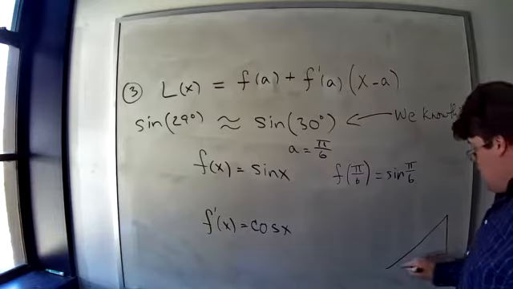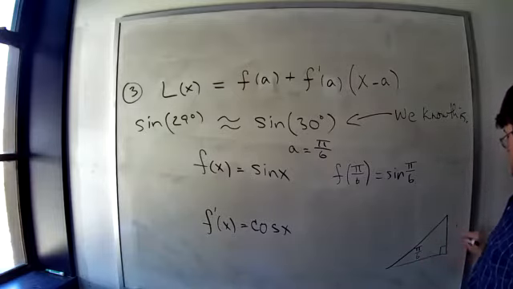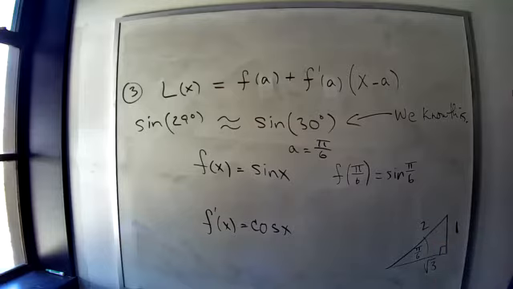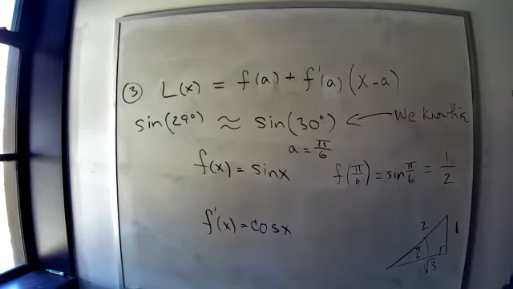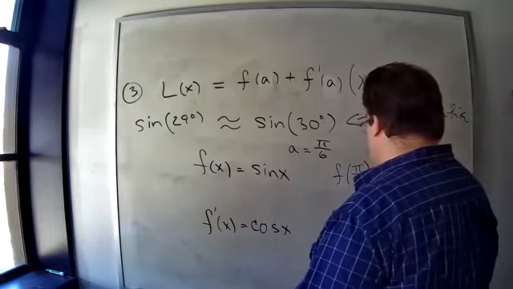Well, let's draw our triangle. Pi over 6, pi over 3, pi over 2, 1, root 3, 2. Sine is opposite over hypotenuse, so a half. Cosine for f prime of pi over 6.